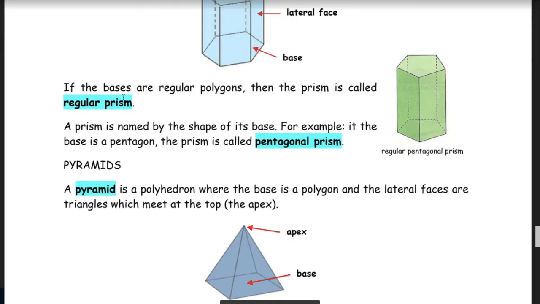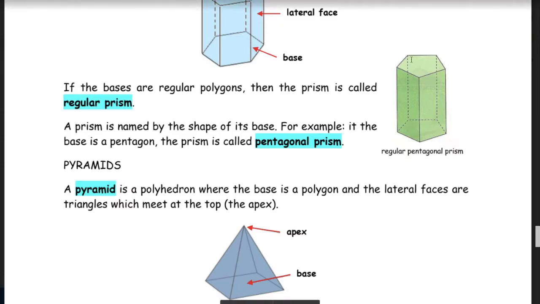Now, if the bases are regular polygons, then the prism is called regular prism. A prism is named by the shape of its base. For example, if the base is a pentagon, the prism is called pentagonal prism.